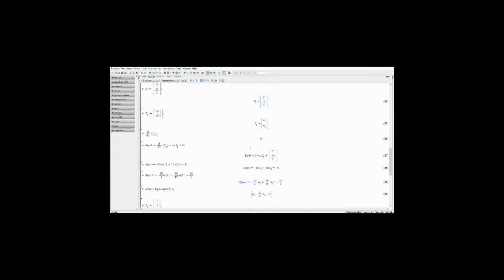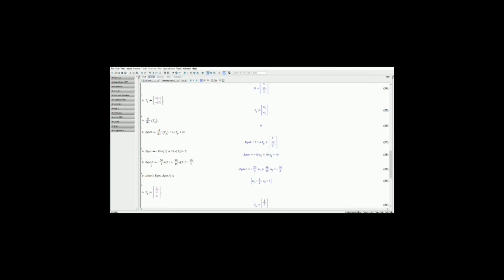Okay, equation 0: d/dx y prime is A times y_p plus g, equation 0 equals A times y prime y_p plus 5, 10 over 3. So this is the answer for the equation 10 u1 plus 10 u2 equals negative 5. So this is equation x1 equals negative 20 over 3 u in bracket 1 plus 98 over 15 u bracket 2 equals negative 10 over 3.